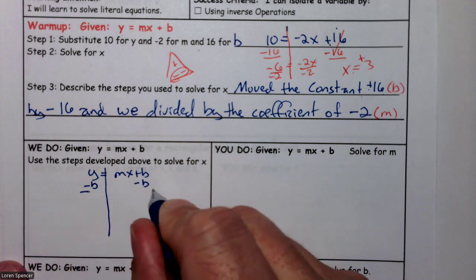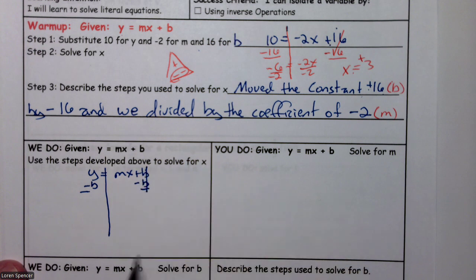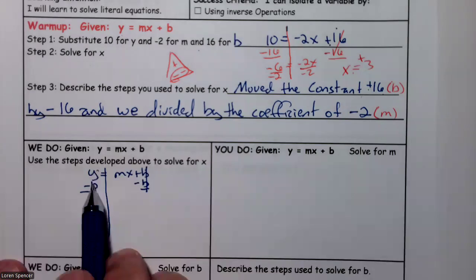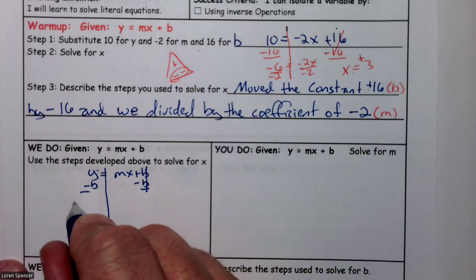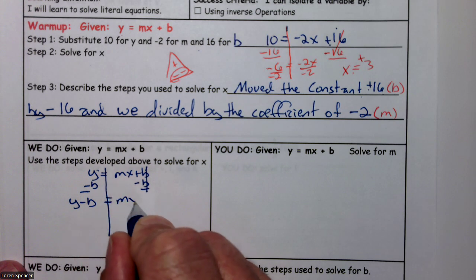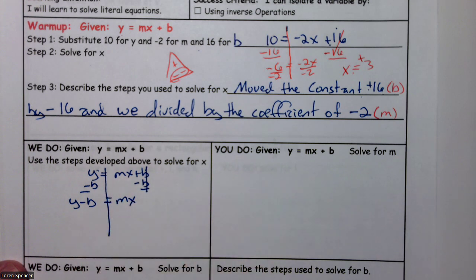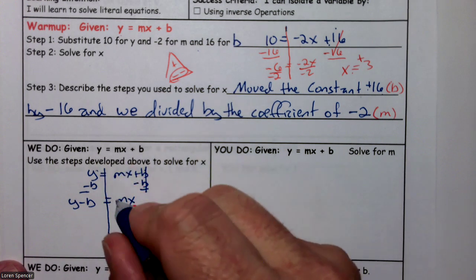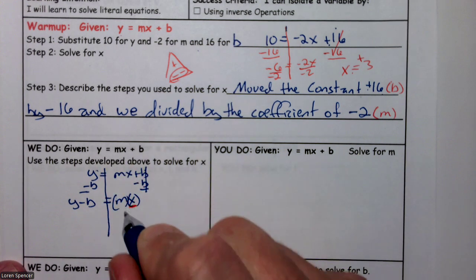Now, I want to talk for just a moment. B minus b, that's easy. That goes away. That's 0. Can I combine these? Are those the same letter? And the answer is no. So I can't combine them. So that has to be y minus b equals mx. Well, we're looking for x. And these two are side by side. It's like they're in parentheses and being multiplied.